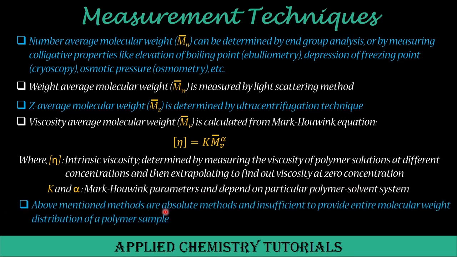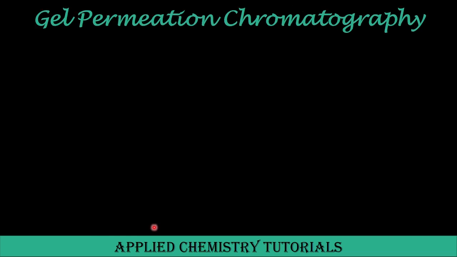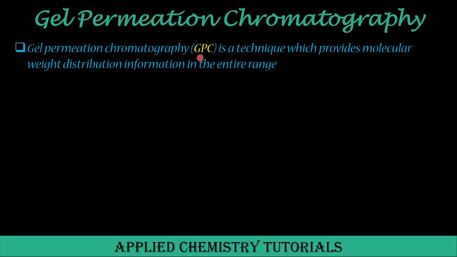All the above mentioned methods are absolute methods and insufficient to provide the entire molecular weight distribution of a polymer sample. So the most frequently used method in industry as well as in academia is gel permeation chromatography or GPC. It is a technique which provides molecular weight distribution information in the entire range.